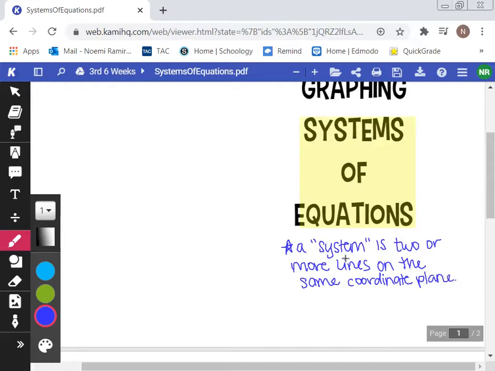Two or more lines on the same coordinate plane. Now think about it. If you were to graph two lines, how would they look? It would actually look one of three ways. That's the ugliest star I've ever drawn, but that's okay. It would look one of three ways.